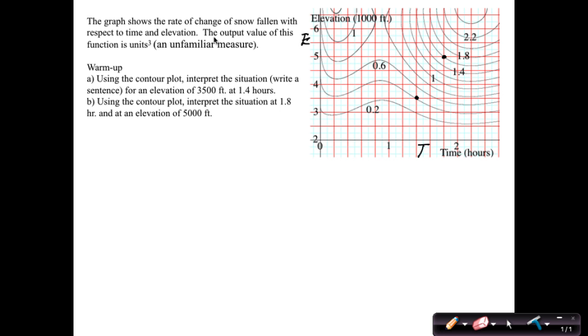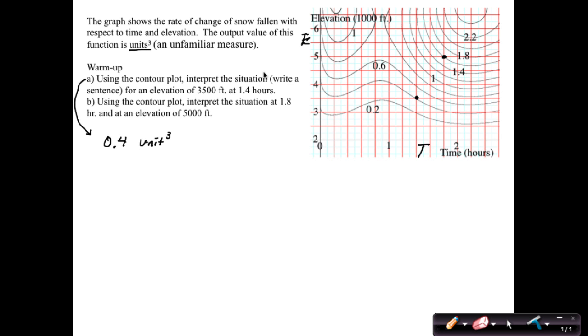So what is the rate of change? 0.4. And what are the units on that? 0.4 what? Units cubed? Per hour. The output value of the quantity of volume.